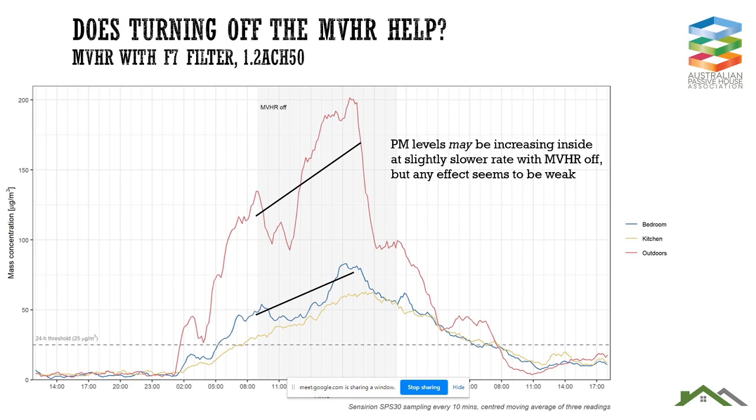And unfortunately, of course, the PM levels don't stay stable over time, so it's a bit of a hard one. But I've drawn a couple of lines there and suggested, well, the gradient or the rate of change of the outdoor particulate levels here are increasing over the day and possibly increasing at a lower rate indoors.